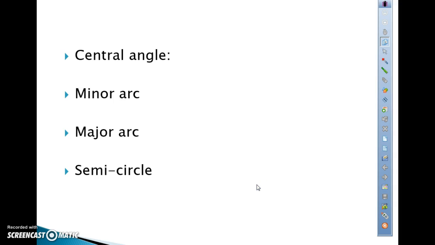Right, so we're going to be doing central angles and some arcs. Now first, write some definitions down. A central angle is an angle where the vertex is in the center of the circle.